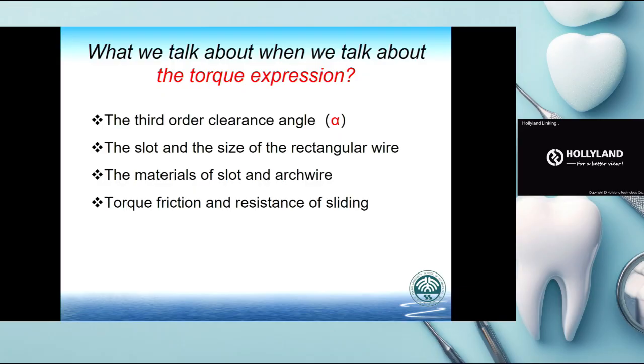That's all we should think about when we talk about torque expression. If the third order clearance angle is too high, torque will not express well. So that means a full-size arch wire is better for torque expression?